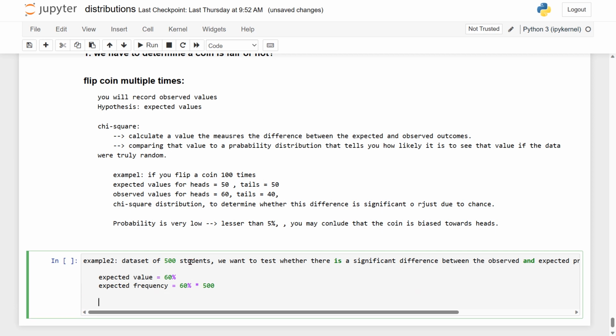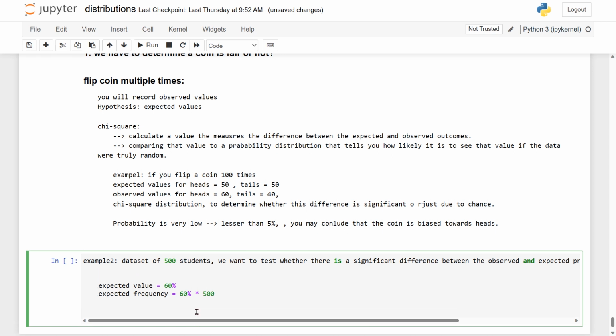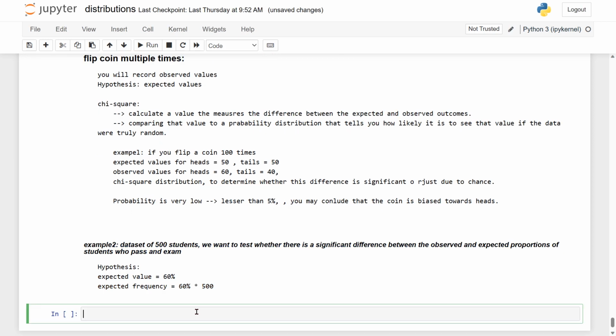And to test this hypothesis, let me write it down here simply. So I expect that 60% of students will pass. Let's see what's going to happen.